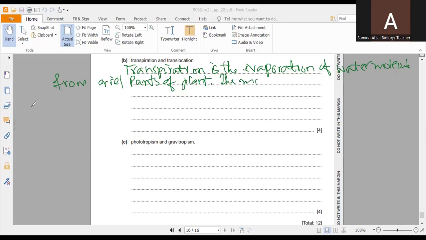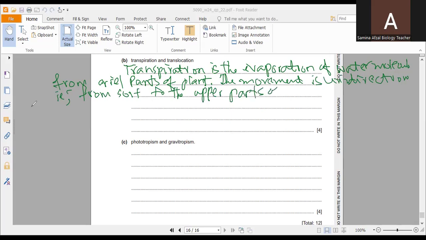The movement is unidirectional, that is from the soil to the upper parts of the plant.